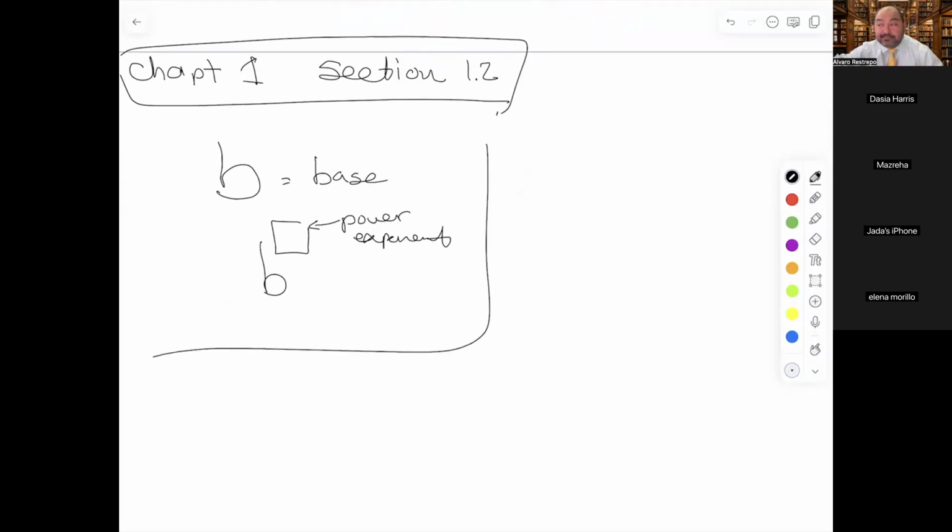Let's give some examples. So if I have a base raised to 0, it's going to be 1. So I'll give you an example. 2 to the 0. What's my base? 2. My power is 0. 2 to the 0 is 1. Elena to the 0 is what, Elena?